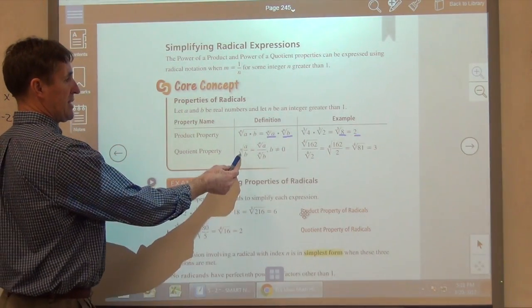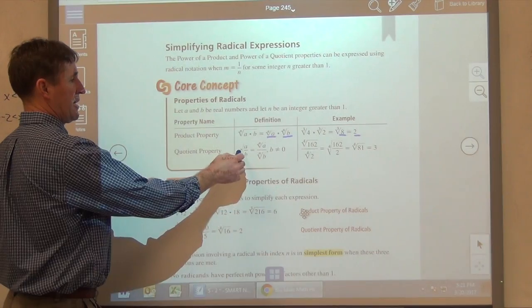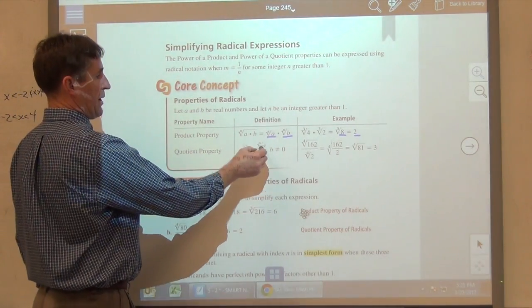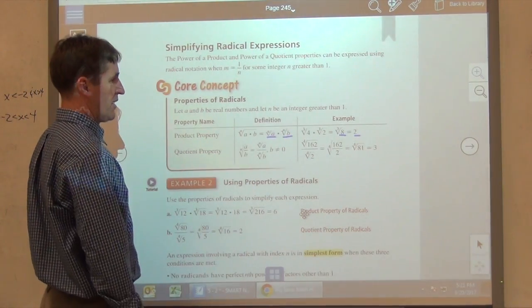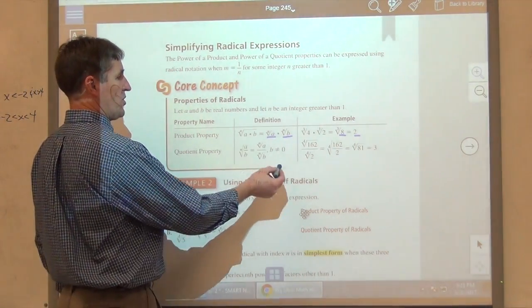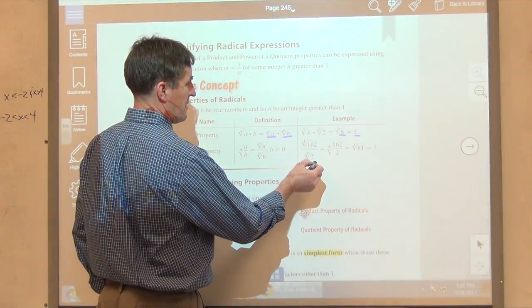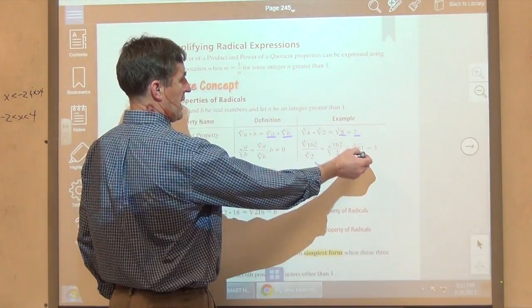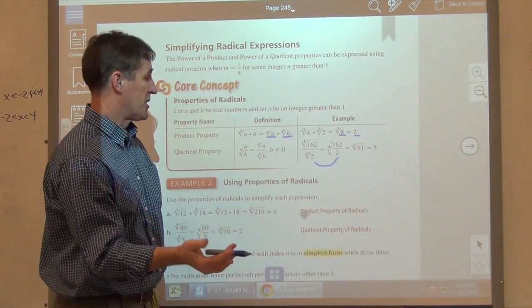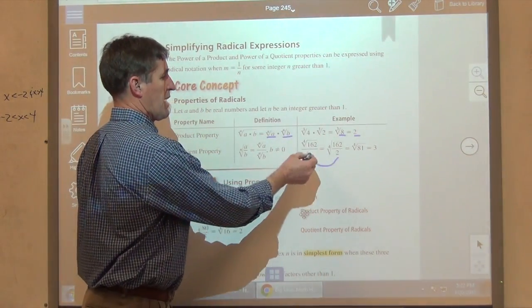This next one says that we can take an index with a fraction and break it up into 2 parts. Remember, you don't ever want to leave a fraction inside there. So you can do this. Here's what they did. They rewrote it this way and then took 162 divided by 81. The thing to remember is, if these indexes are the same, you can just divide.